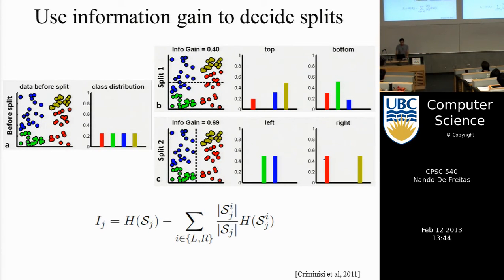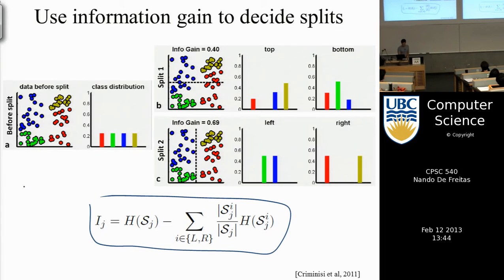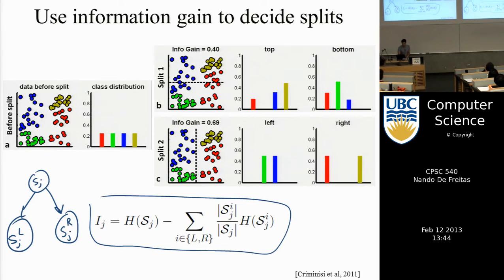Okay, so here's an illustration of how entropy is used. We assume that I have a node Sj, and that node Sj is binary, so you end up with the left children of Sj or the right children of Sj.